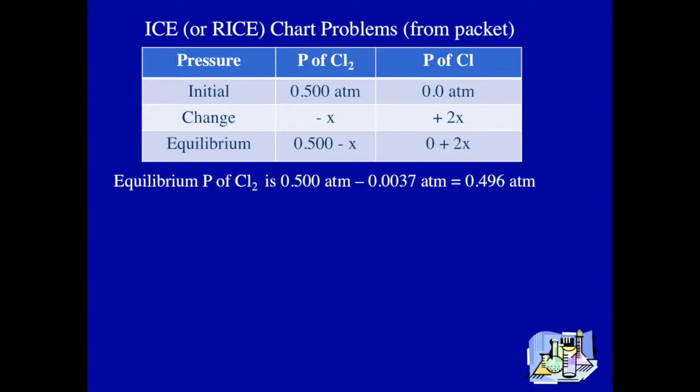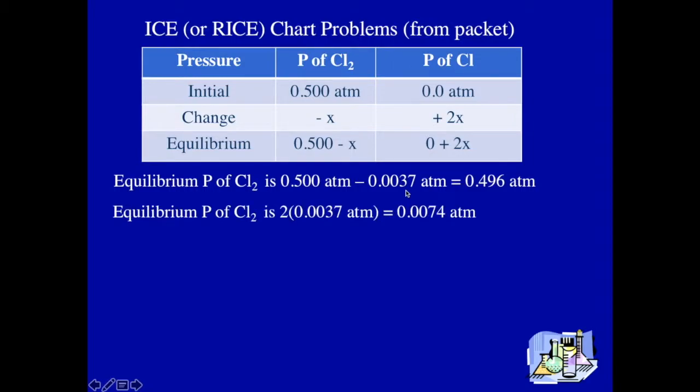In order to calculate what the total pressure would be, the equilibrium pressure, as my ICE table said, is 0.500 minus my x value, which I just calculated, which is 0.496 atmospheres of pressure in the final volume comes from diatomic chlorine gas.